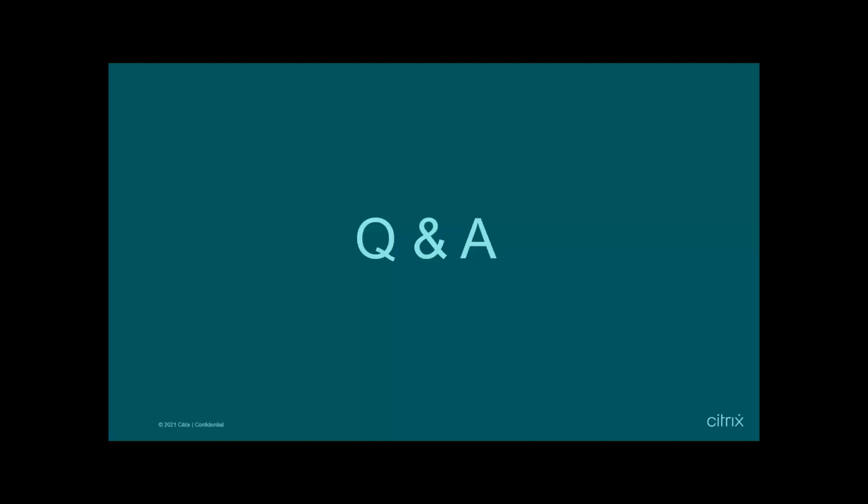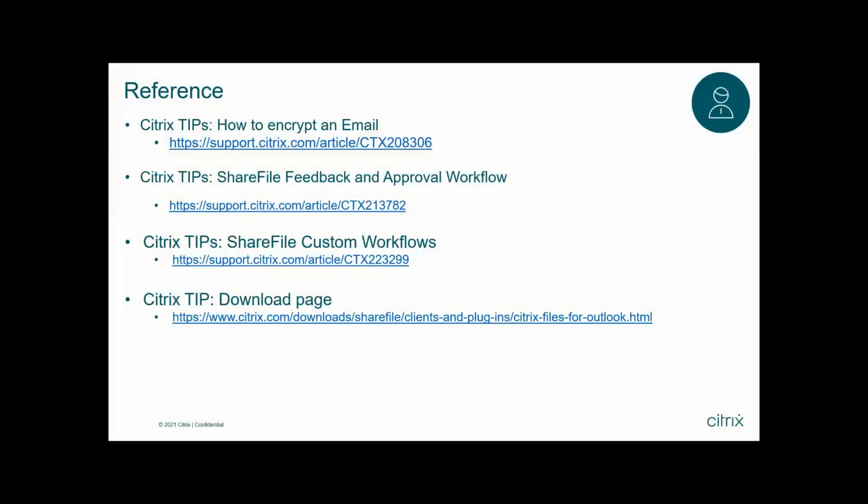Okay, so you just go to the Citrix downloads page, download the Citrix Files for Outlook plugin, and once it's downloaded, you just click install, and it will automatically install into your Outlook. It's a simple installation, next, and it's installed, and it will require closing Outlook and reopening Outlook. Excellent. And I'll include these links in the follow-up email that has the recording, as these are probably extremely helpful links. So thank you so much, Bogdan, for that.